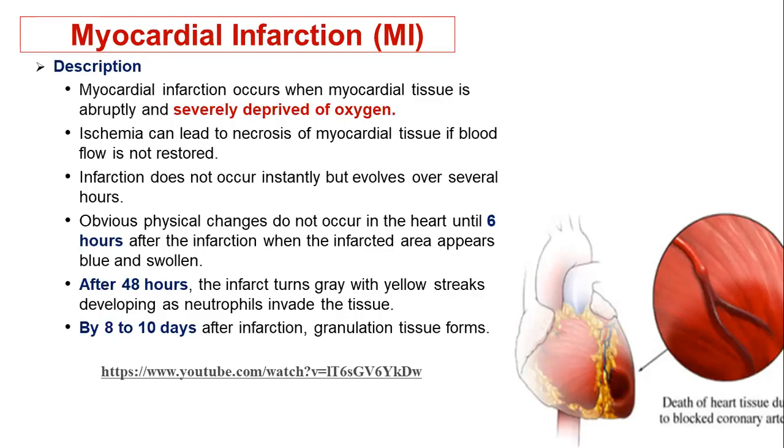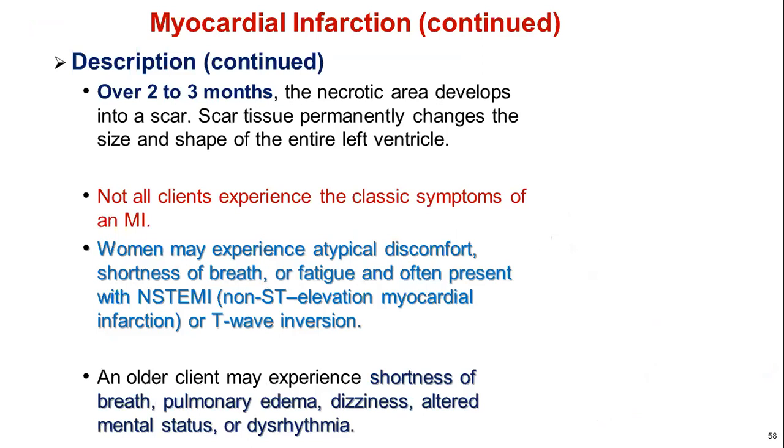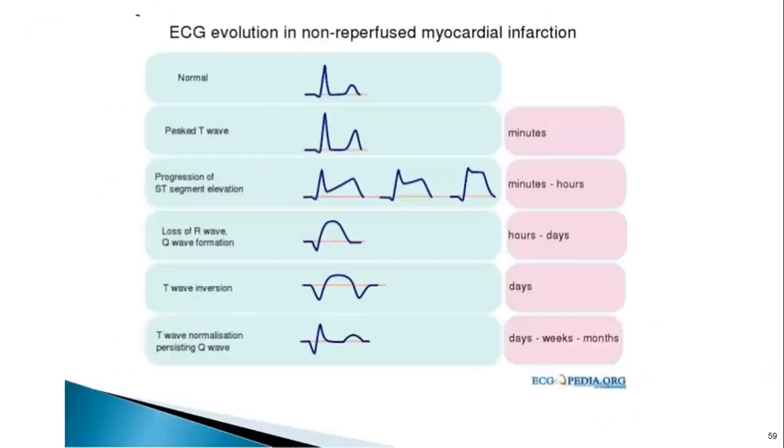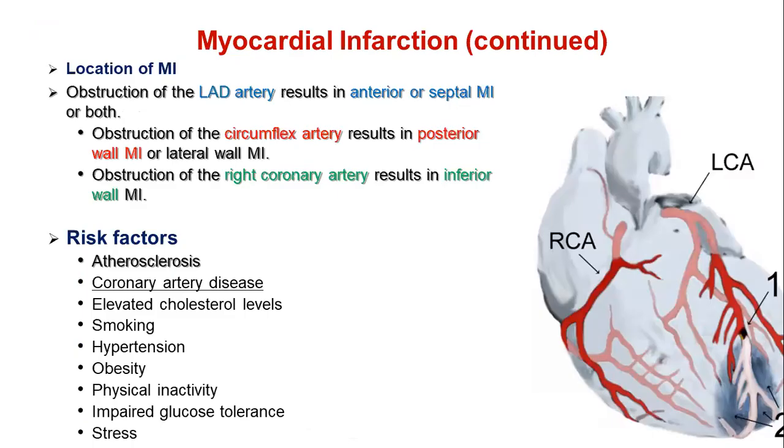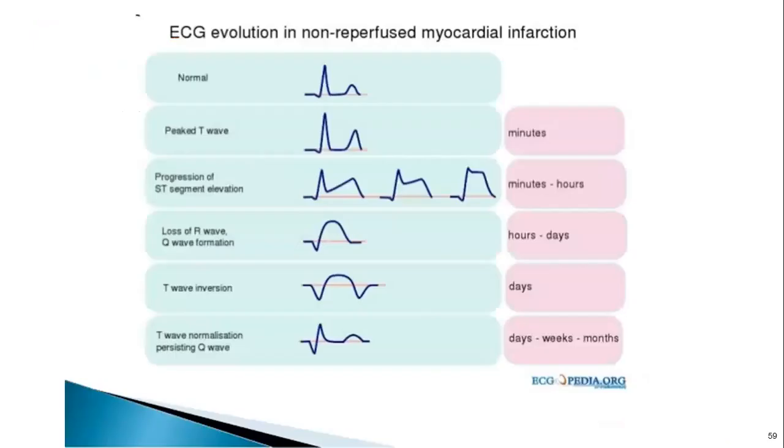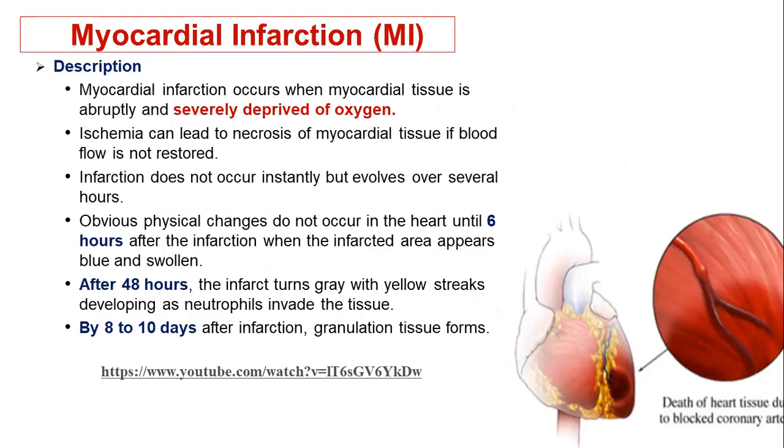And myoglobin, another enzyme, also increases due to heart damage, or if the patient has skeletal muscle damage, elevated for 24 hours.